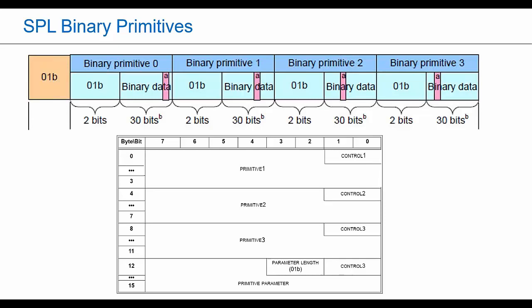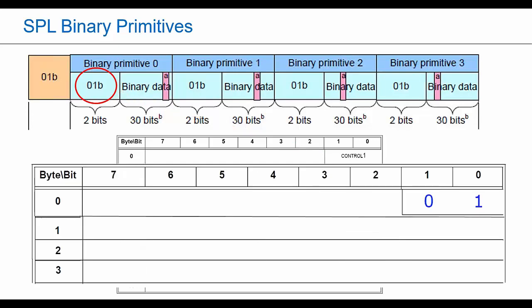They do a similar trick here with the first symbol, although with binary primitives they use 0, 1 instead of 1, 1. So that identifies that we're receiving not a legacy primitive, but a binary primitive. This is called the control field here, and it doesn't represent a K28.5 as we saw earlier. Instead, it's just a 2-bit identifier for a binary primitive.